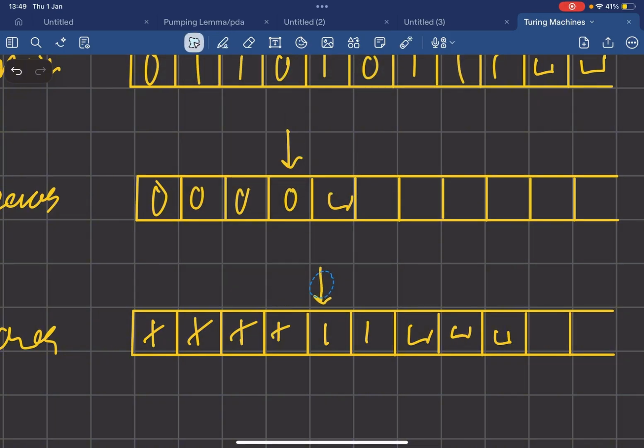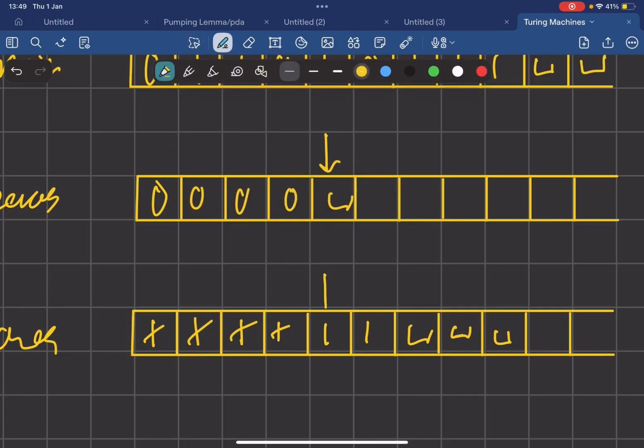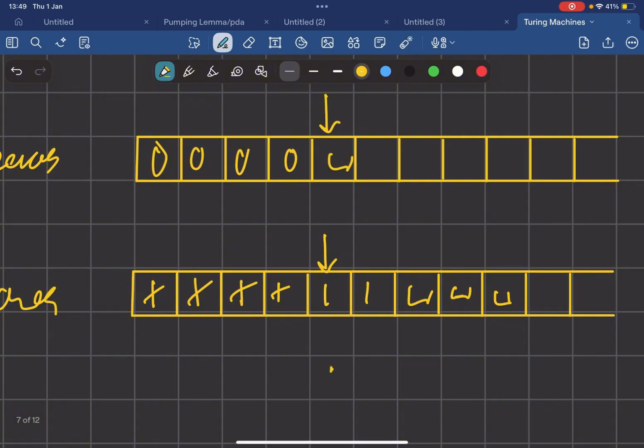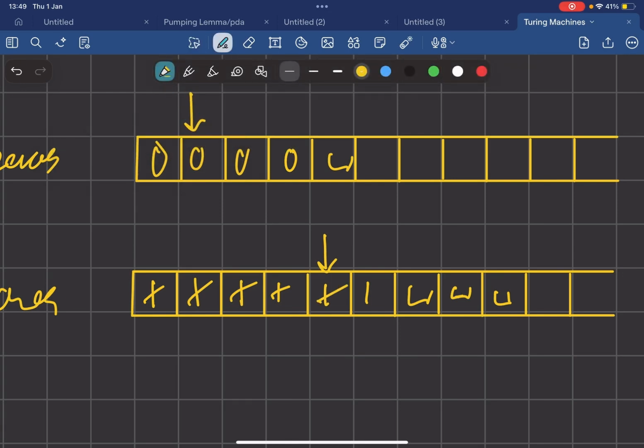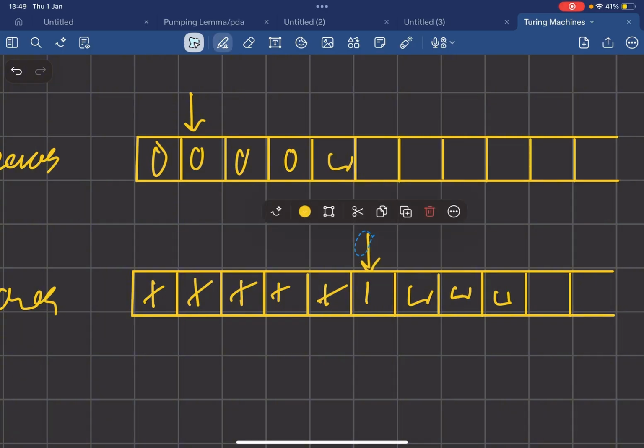Okay, now we notice that we reach a blank symbol in the zeros tape, so we finished a batch of ones, which means we need to check if there's more ones remaining, and there are more ones remaining. So we need to repeat the process of subtraction again. Okay, cancel out. Cancel out again.